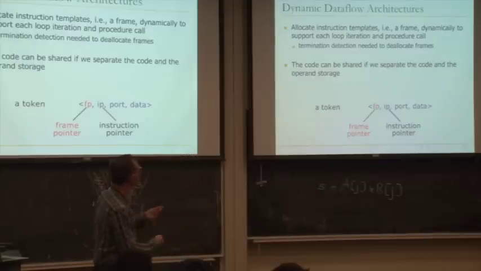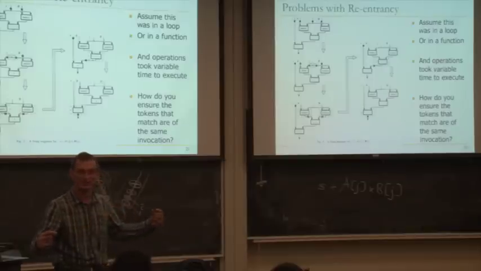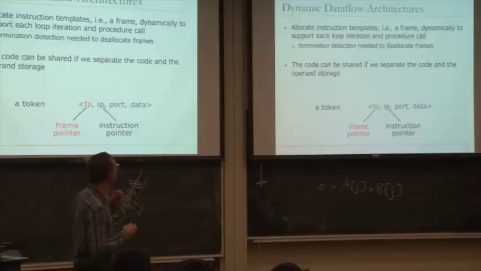Basically, that's the concept of tagging. Now you need to somehow be dynamic in your data flow. Basically have multiple instances of your instruction, and each instance is associated with a different iteration. That's the idea.